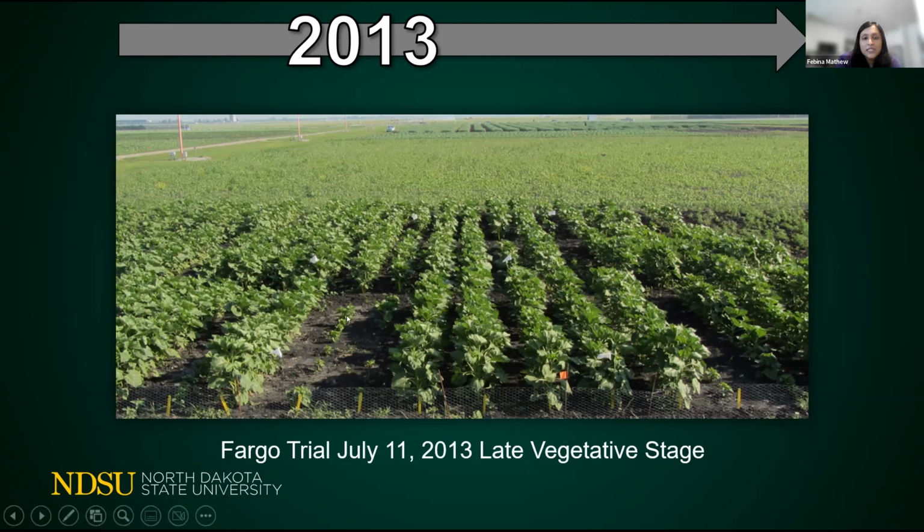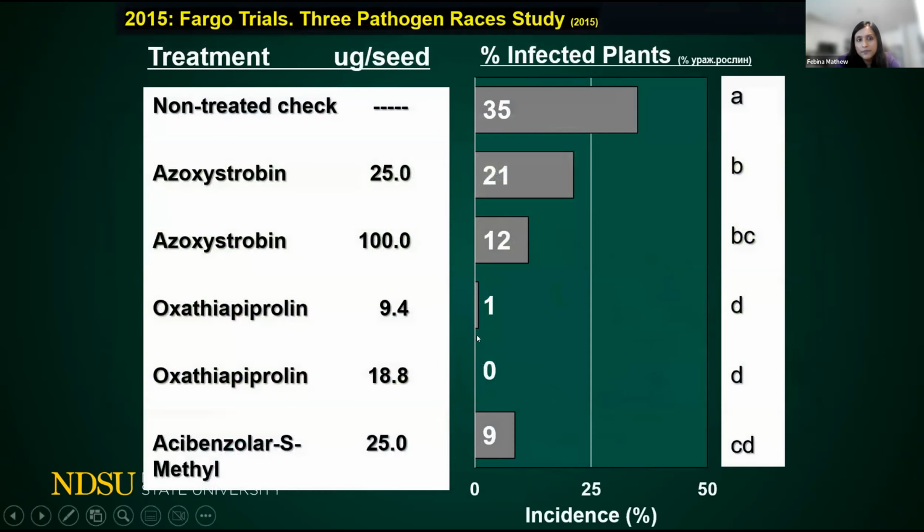infect. So this is a picture that was taken in 2013 in Fargo when I was a graduate student up here. And this particular row has got no plants grown, that they were severely affected by downy mildew. But you can see the other rows where the plants have come up, they were treated with seed treatments.